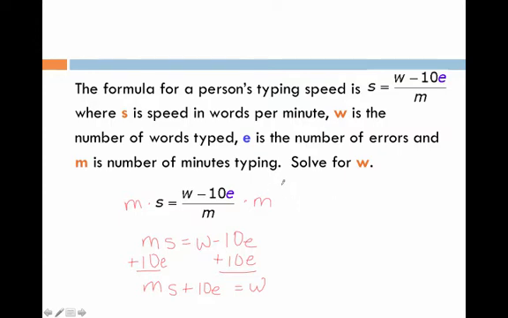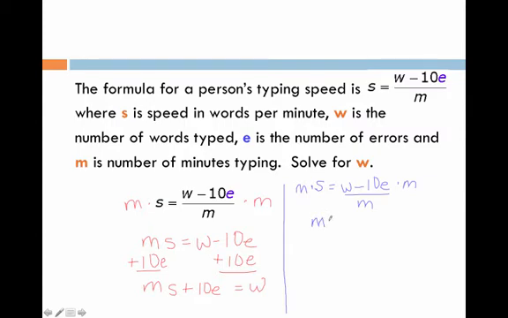Okay, so it turns out what I actually wanted to solve for was E, so we can still do that, right? So we had S equals W minus 10E divided by M. Again, I still have to get rid of my M on both sides because that needs to go away.